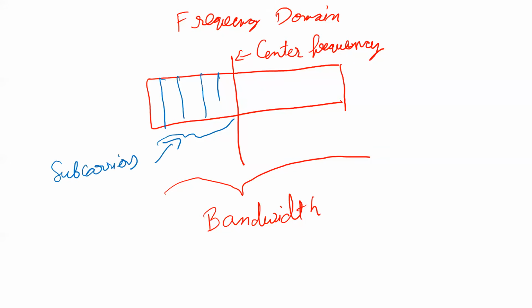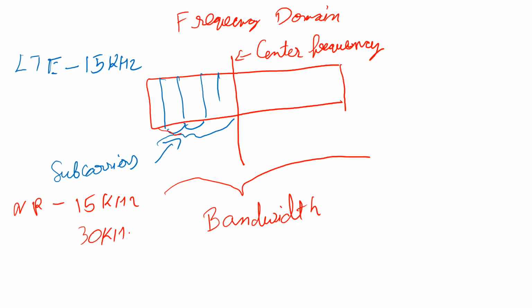As I said earlier, in case of LTE, the distance between two subcarriers is always fixed, that is 15 kilohertz. But in case of 5G, the distance of subcarriers can be 15 kilohertz, 30 kilohertz, 60 kilohertz, 120 kilohertz, and so on.